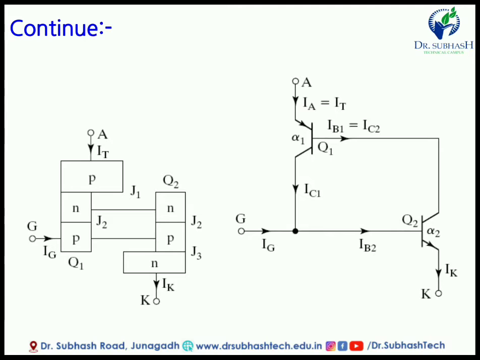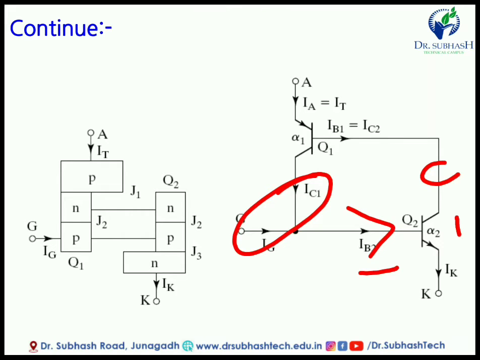Now IB1, the base current 1, is equal to the collector current 2, because this terminal is the collector. So the collector current of Q2 is equal to the base current of Q1. Here also IC1 and this is IB2. According to Kirchhoff's current law, these two currents add to make IB2.